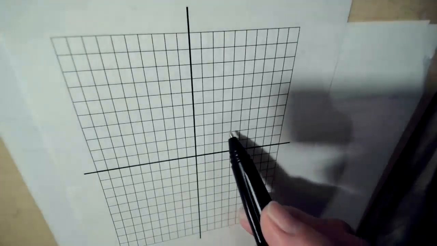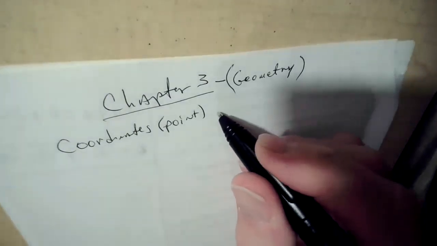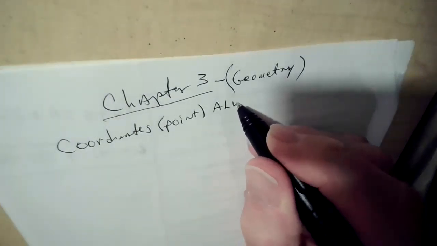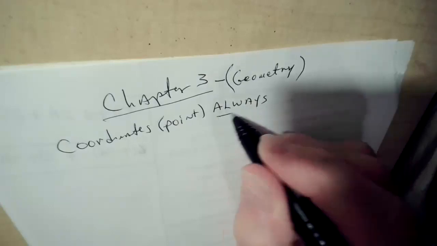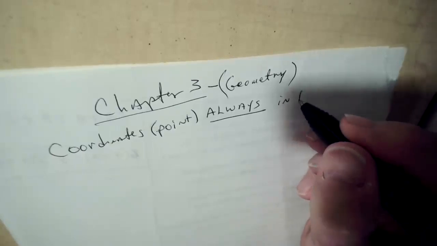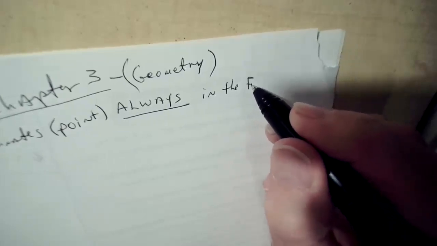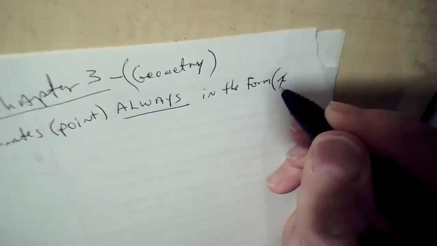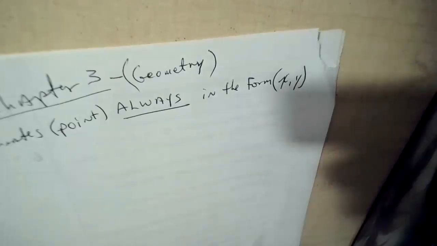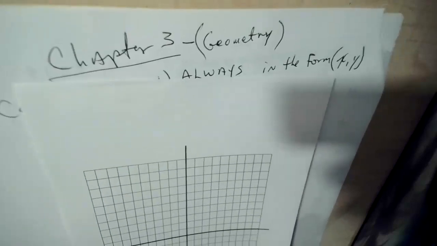Now, if you were to put a point on any one of these places, they are always, I know always is a long time, but they're always in the form x, y. Okay. Now, the first thing we're going to do is plot some points, and then we're going to go into something else.